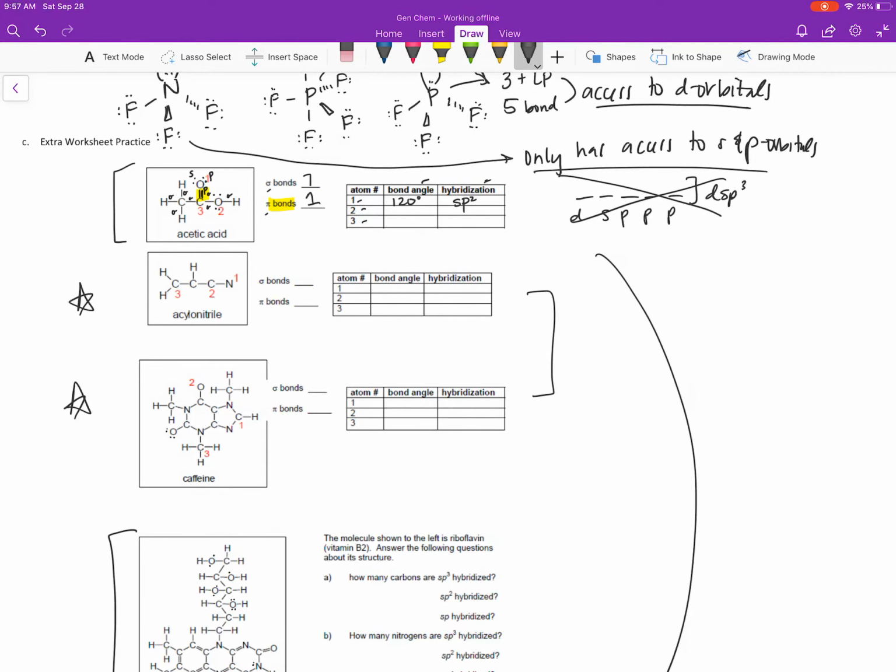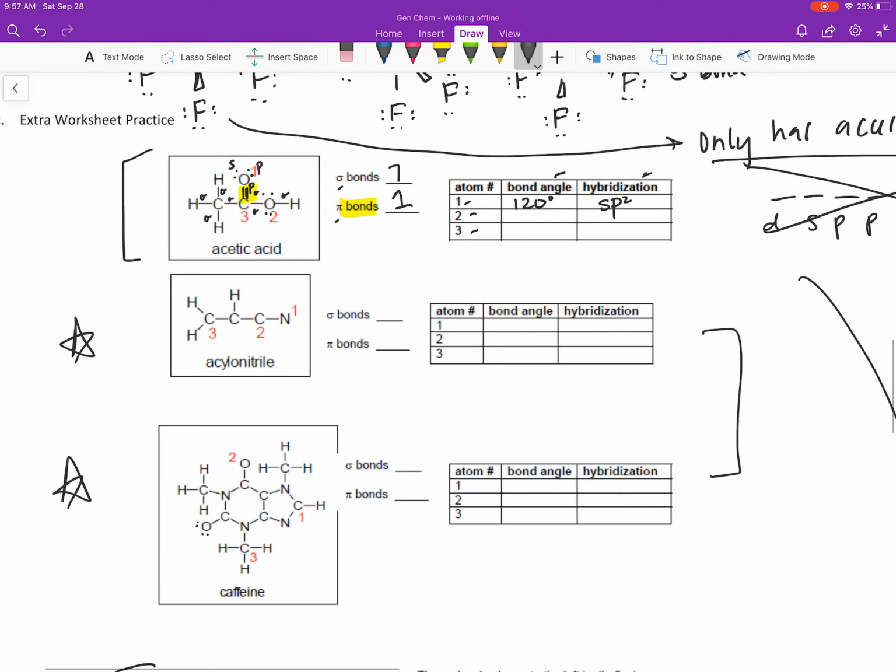Number 2, let me see if I can zoom in a little bit more, is sp3 hybridized. It has 2 bonds around that oxygen and 2 lone pairs. So this is sp3 hybridized, and we would predict 109.5.